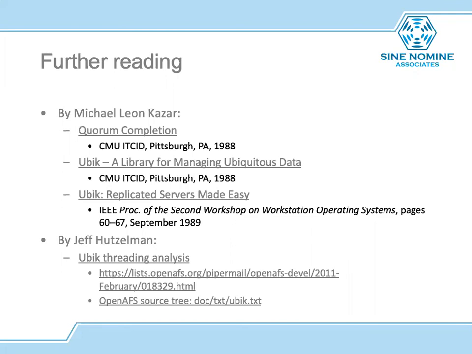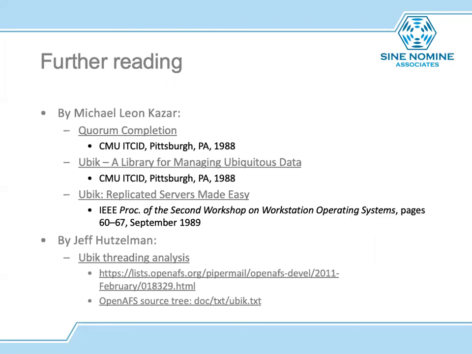Another thing that's really nice that I've mentioned in several talks now, or I've heard it mentioned, is that pthreaded Ubik is a thing, and originally came out in 1.4 or 1.6, but had considerable problems. The locking model just wasn't right. And so Jeff Hutzelman, who's a very learned expert in Ubik and all things OpenAFS, did a paper that is in the source tree if you want to look at it.